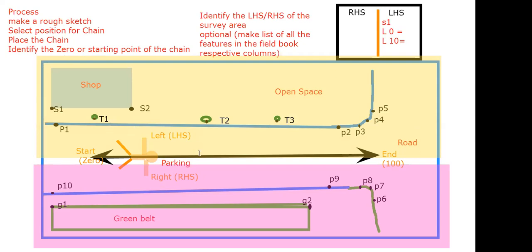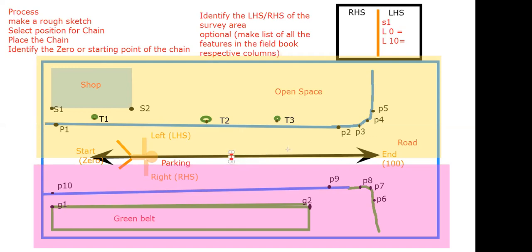You have gone to the field and you have marked the points on your field book. Now begins the process of measuring distances of different features from the chain. So on the chain, we have the links.